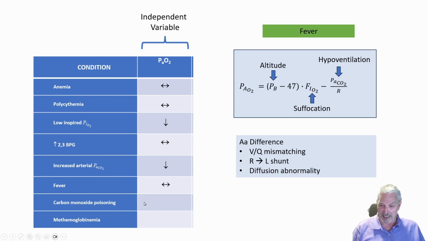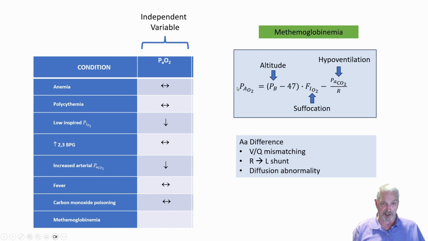Okay, coming on down, carbon monoxide will be our next one. And again, no change in barometric pressure, FiO2 or PaCO2, no change in VQ mismatching, right to left shunt, diffusion abnormality, and therefore no change in P little AO2 in carbon monoxide poisoning.